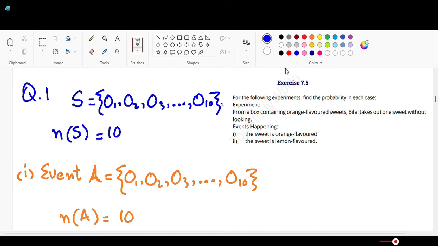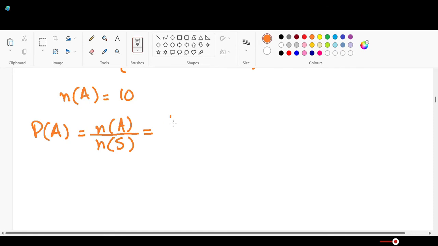So we get 10 over 10, 10 out of 10. If we cancel, we get 1. Basically the probability is 1, which means it's guaranteed. It's a 100% chance that we will get an orange flavored candy.